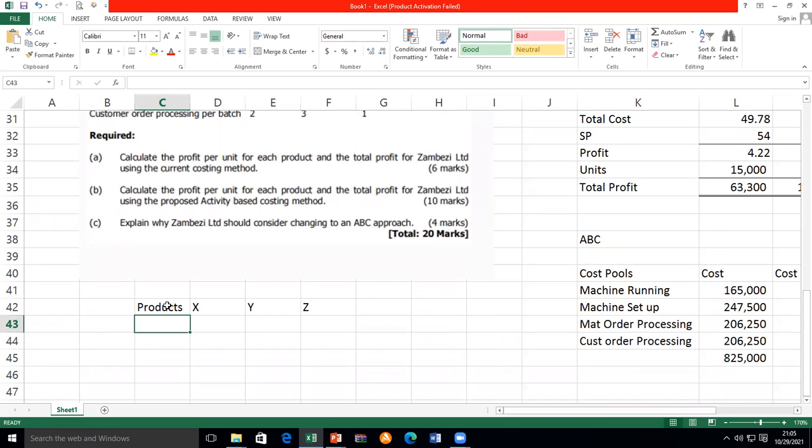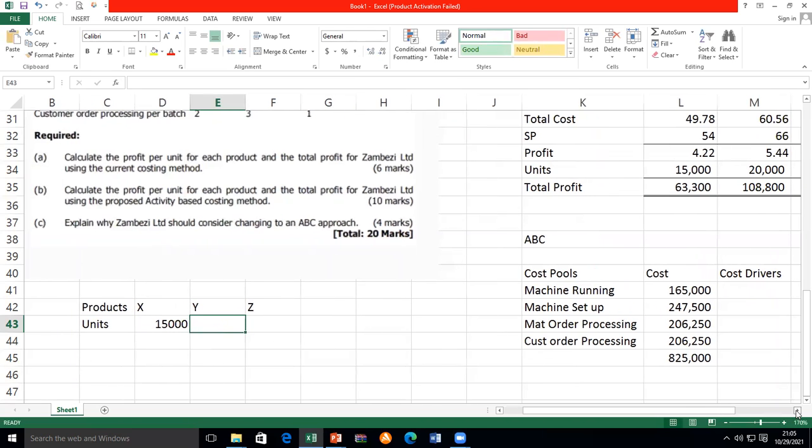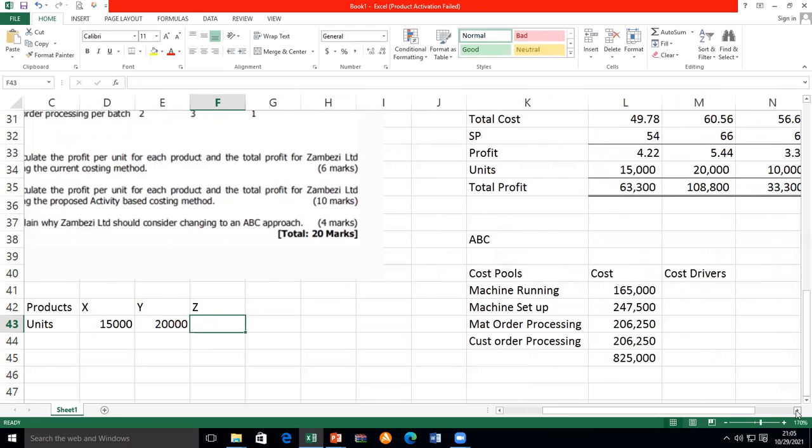The units, what are the units that you have? The number of units was 15,000 here. You have 20,000 here and 10,000 there.